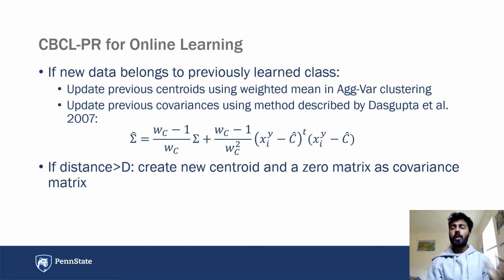And to update the covariance matrices of the previous classes using the new data, it actually finds the covariance of the new data from the newly updated centroids and gets a weighted mean of the previous covariances and the new covariances to get the overall covariance matrix for the previous class.